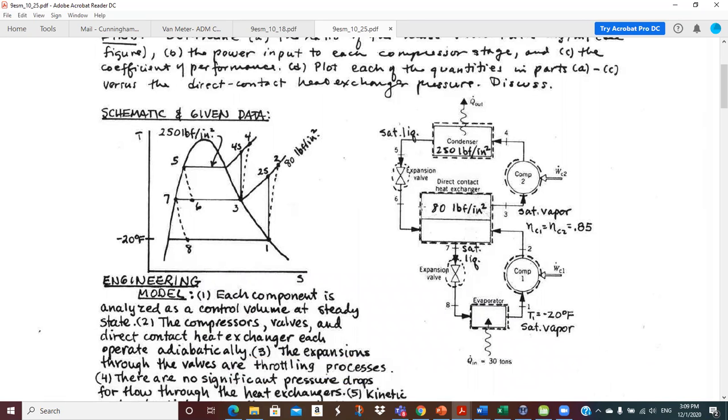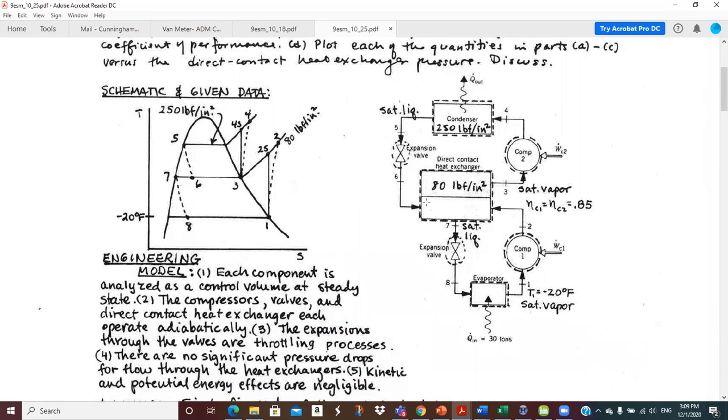But here's our diagram. So we see down here at the bottom, Q dot in is 30 tons. So that's the capacity of our system. Occurs at the evaporator. We just have two stages of compression, and this direct contact heat exchanger serves as air cooling to do some cooling on the discharge at 2 before it goes into the second stage of compression.